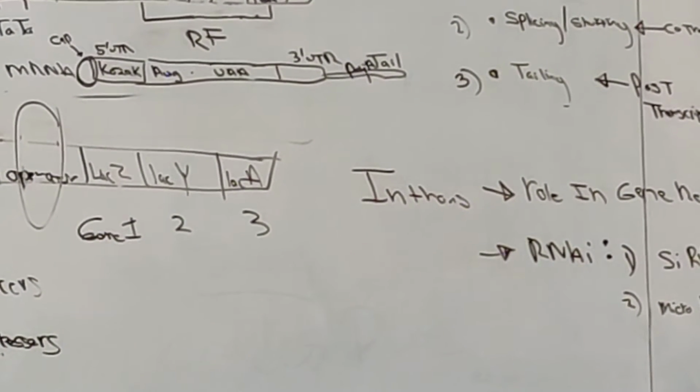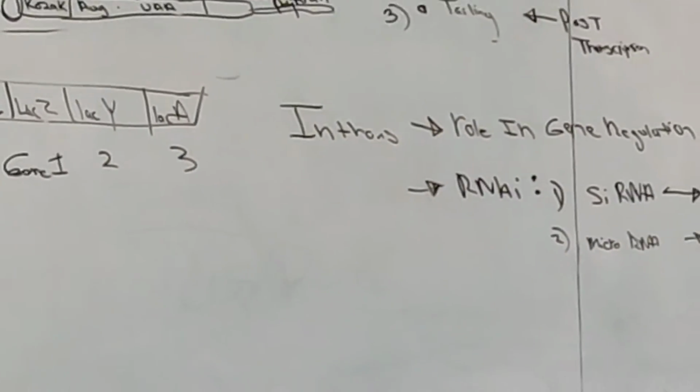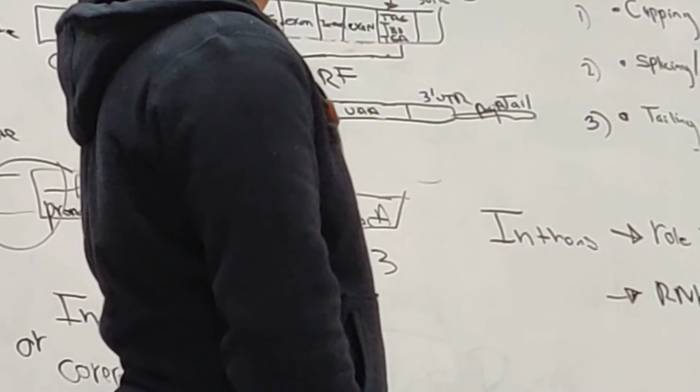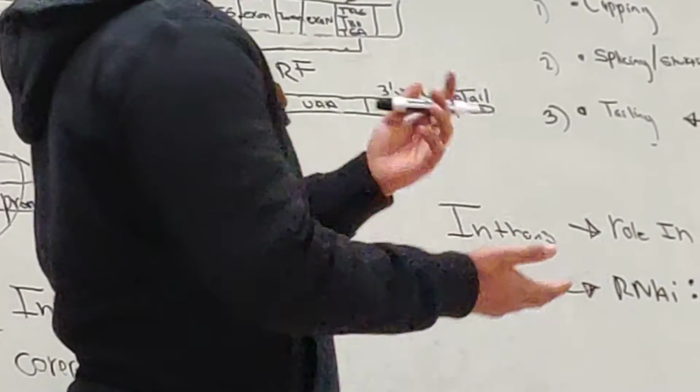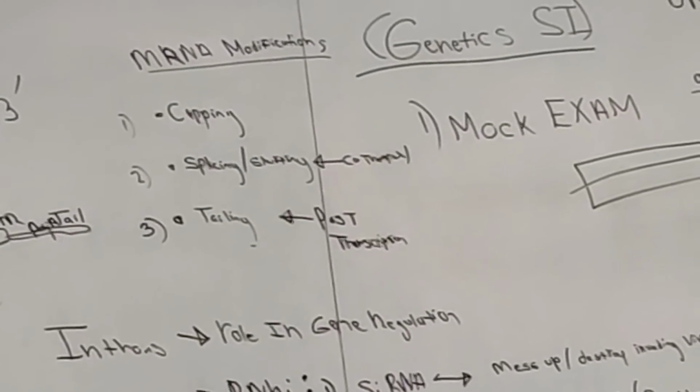So the operator is a very small region. And part of that includes the Shine-Dalgarno sequence. The Shine-Dalgarno sequence is technically found on the mRNA. I mean, the coding strand codes for it, right? But it's technically found on the mRNA.